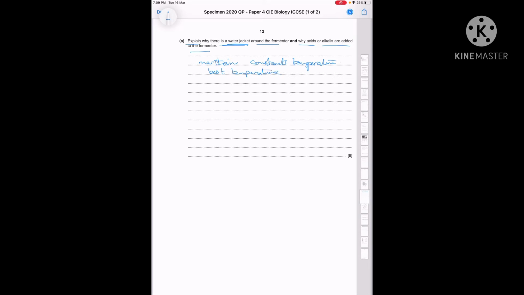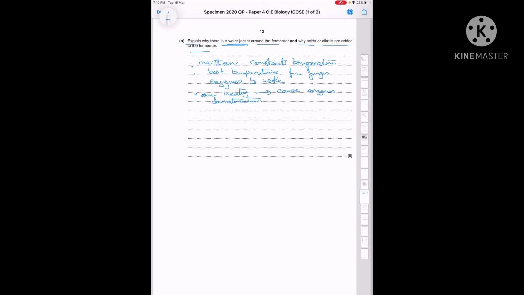for fungus enzymes to work, because overheating could cause the enzymes' denaturation, and I don't want that to happen.